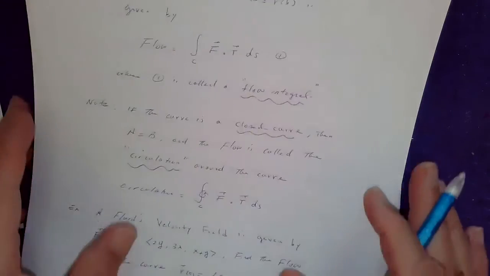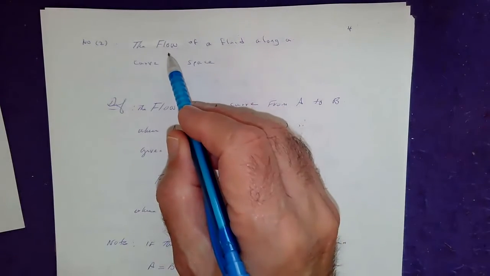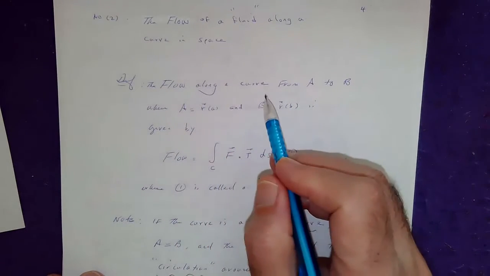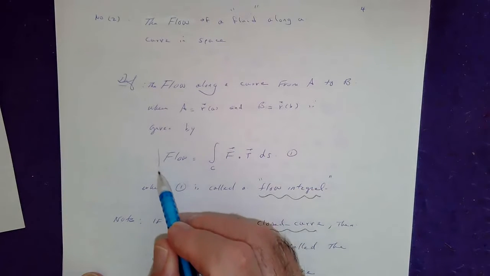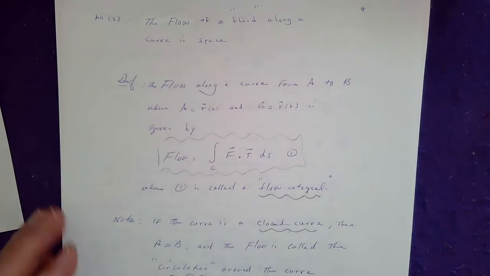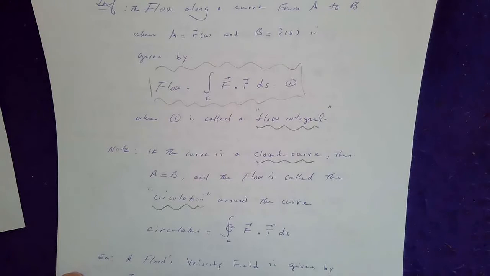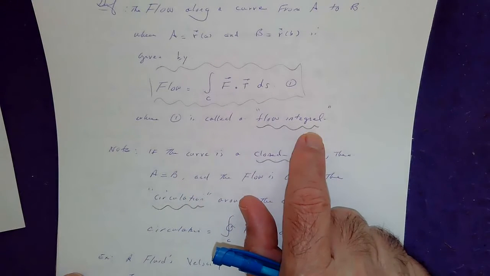Okay. The next example is called the flow of a fluid along a curve in space. The flow along a curve from A to B is given by the same integral which we use to find the amount of work done by a force moving an object on a curve. It turns out the same integral is also called the flow integral.